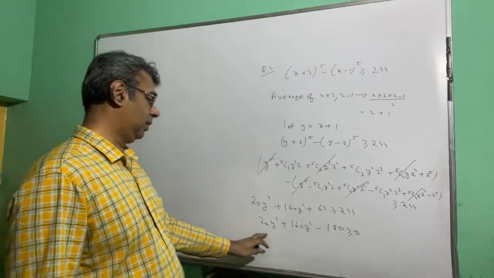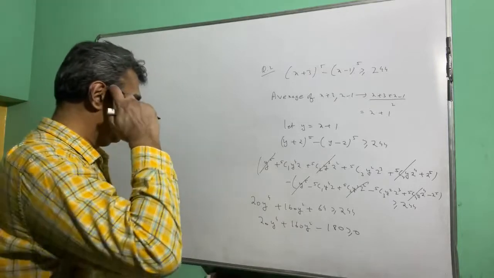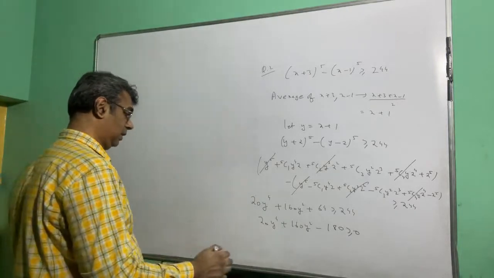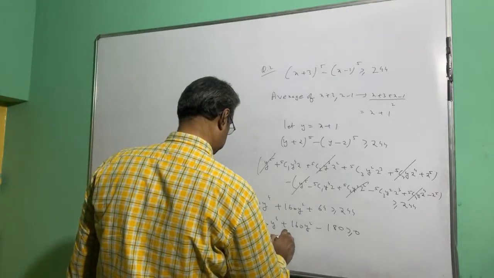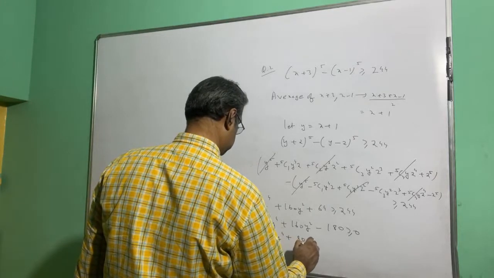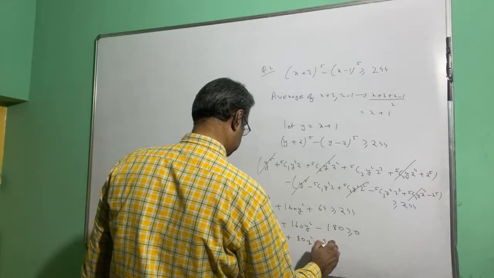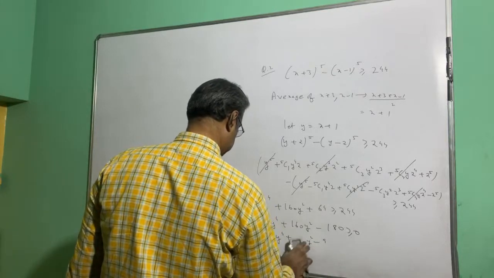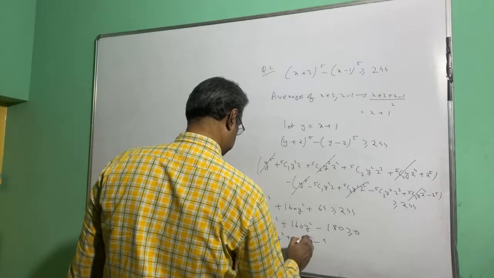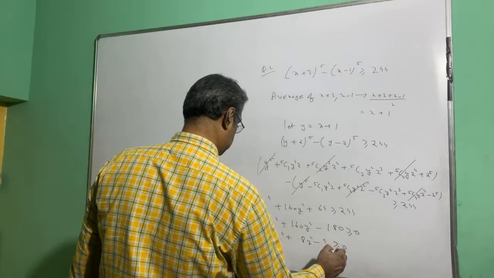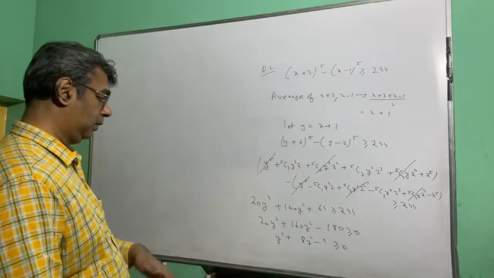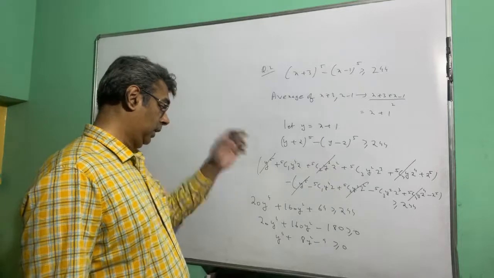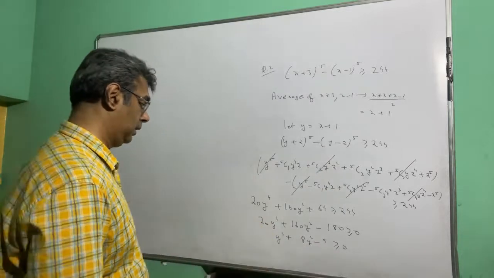So 20y to the power 4 plus 160y square minus 180 is greater than or equal to 0. So y to the power 4 plus 8y square minus 9 is greater than or equal to 0.